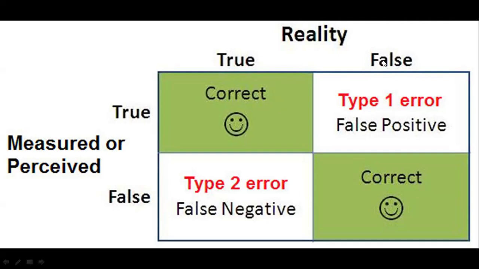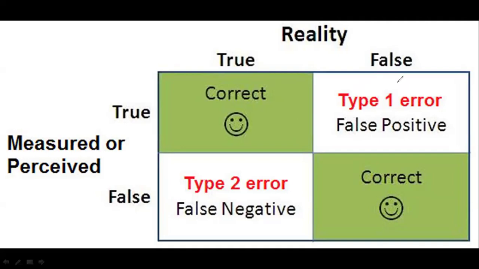In case the reality is totally opposite, however, your research, the measured or perceived results, show that the situation is real. In that case, that is a false positive, and that is called a type 1 error.